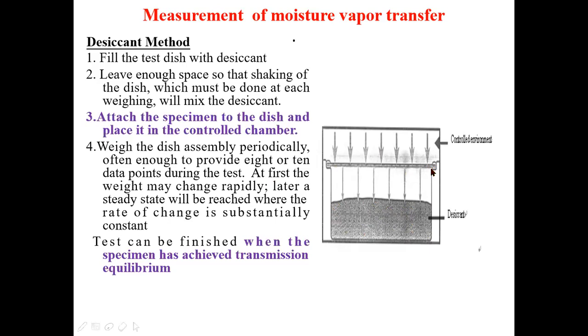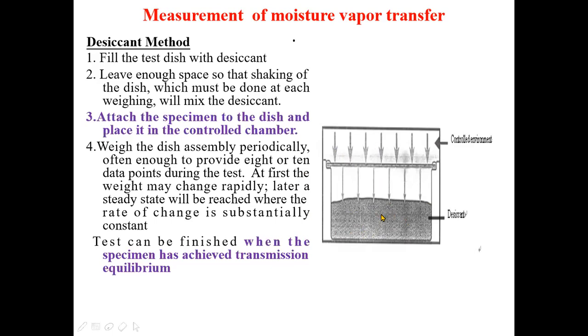The entire assembly is put inside a standard atmosphere. And what will happen? The desiccant will absorb moisture from the atmosphere, so it will absorb the moisture, and it will pass through this fabric.